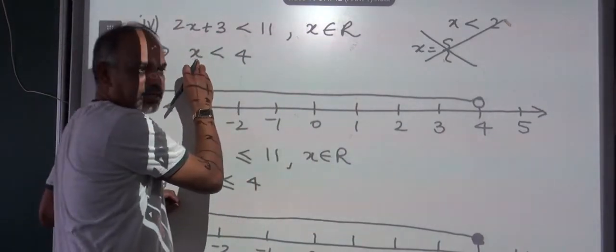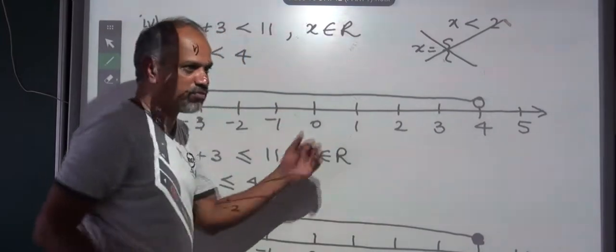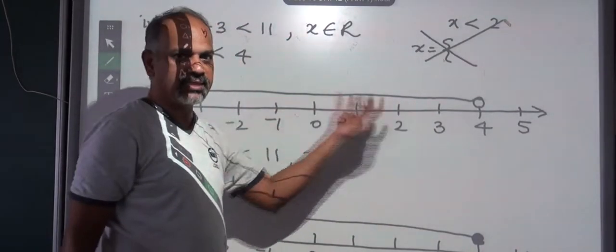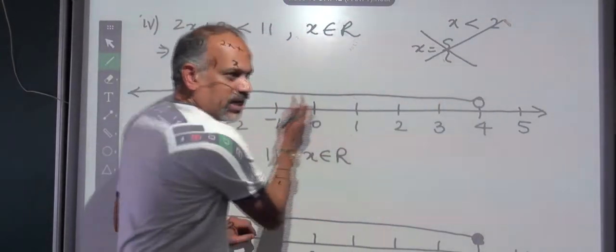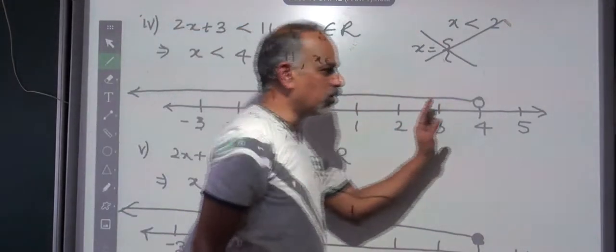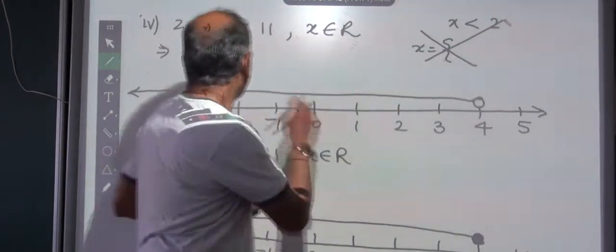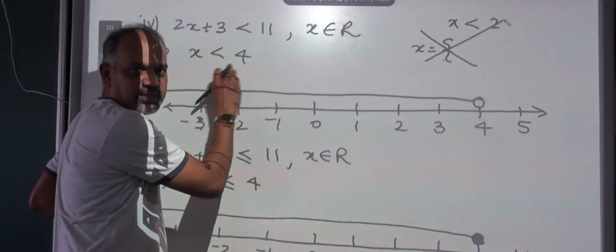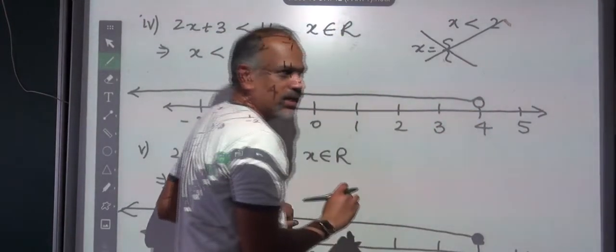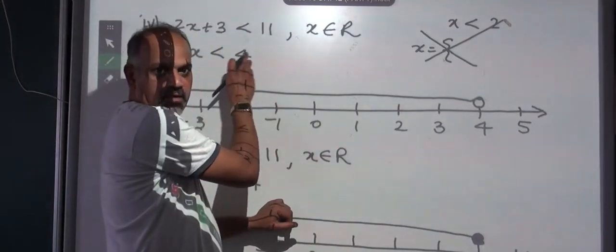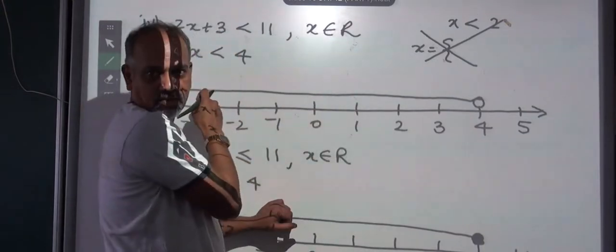Now read this again. It says x is less than 4. On the number line, you have to know which is the less than side and the greater than side. If you go towards your left, it's less. If you go towards your right, it is more, greater. So here it says x is less than 4. I've already put a hollow dot over 4, and because it says it is less than 4, all values are on the left side of the number line.